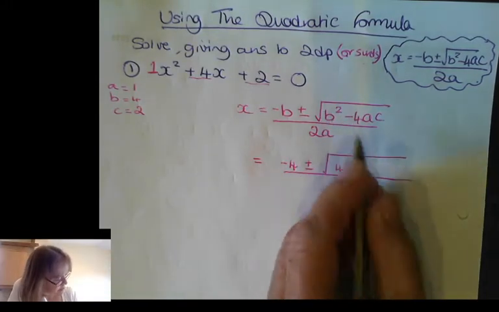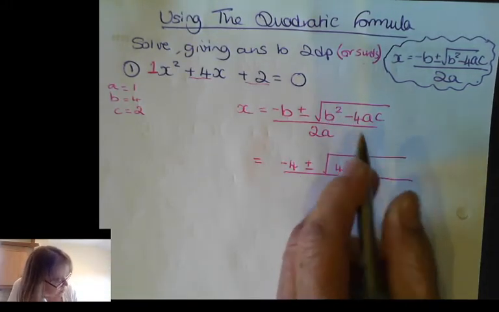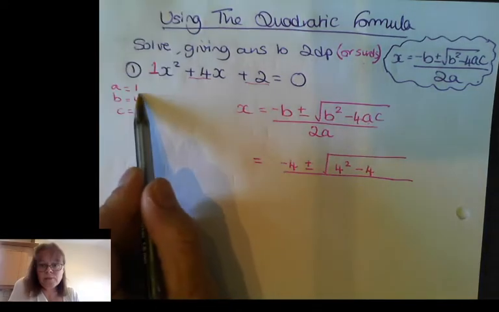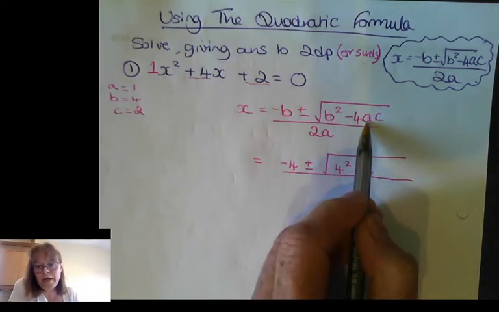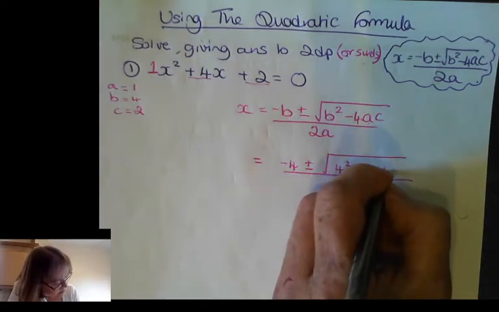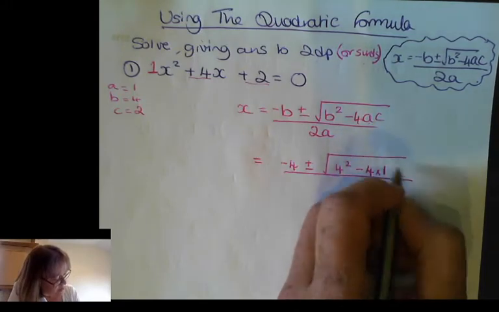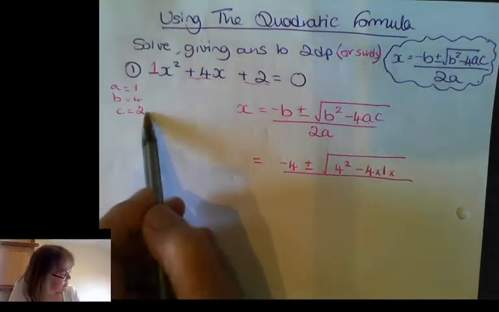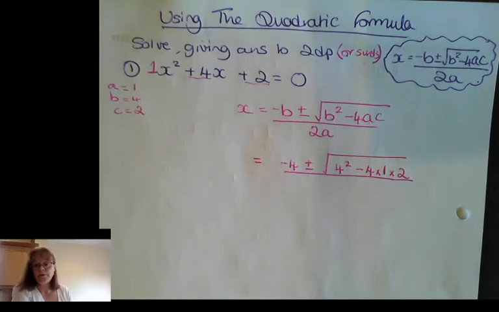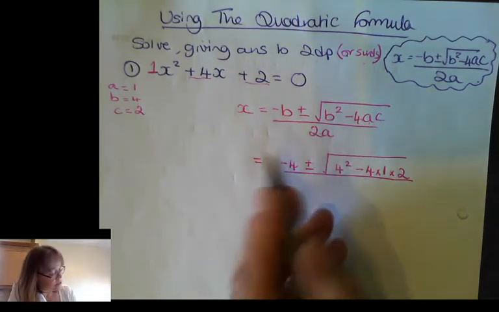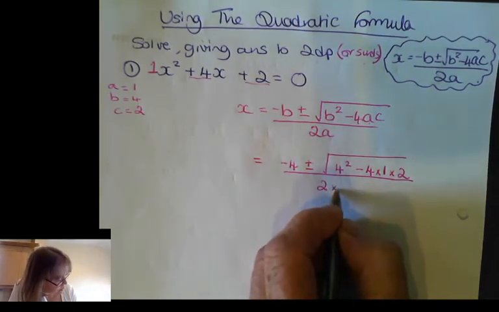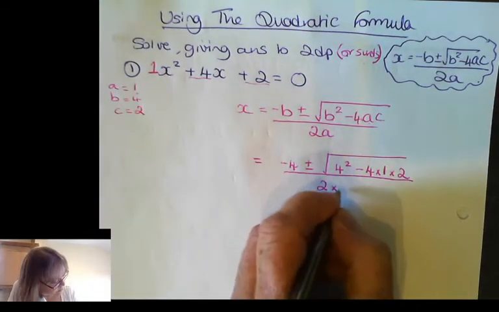Then it says take away 4. Then it says a. Well, a is 1, and remember 4a means 4 times a, so I'm going to write 4 times 1, and then times 2, because c is 2. On the bottom it says 2a, so I'm going to do 2 multiplied by a, which is 1.